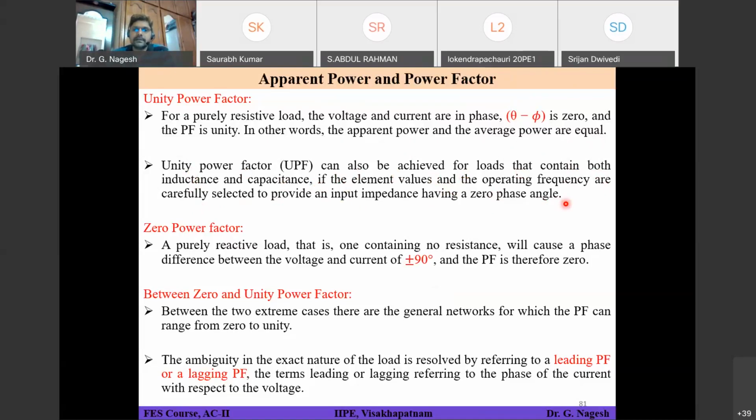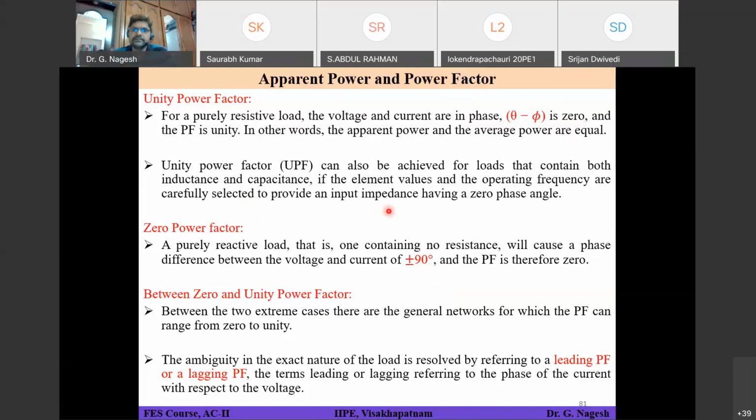Along with resistor, you can have inductance and capacitance in the circuit, and even then the complete circuit can have unity power factor. That is possible when the inductive reactance and capacitive reactance, at the given frequency, cancel each other out and only resistance is present in your circuit.